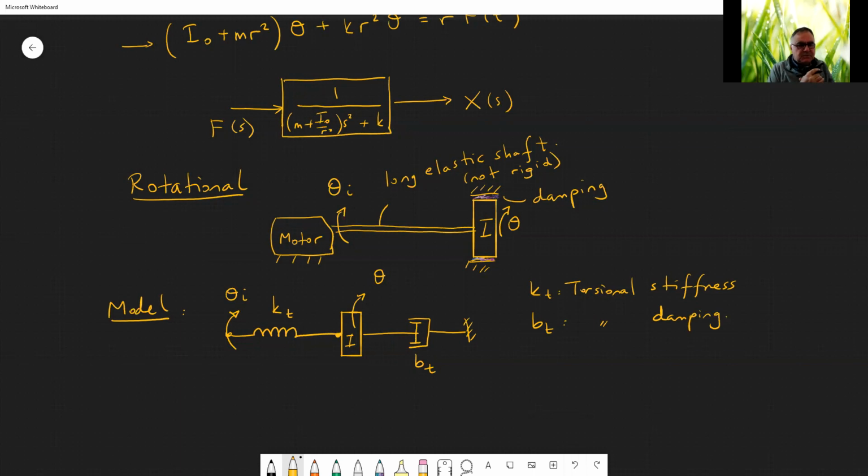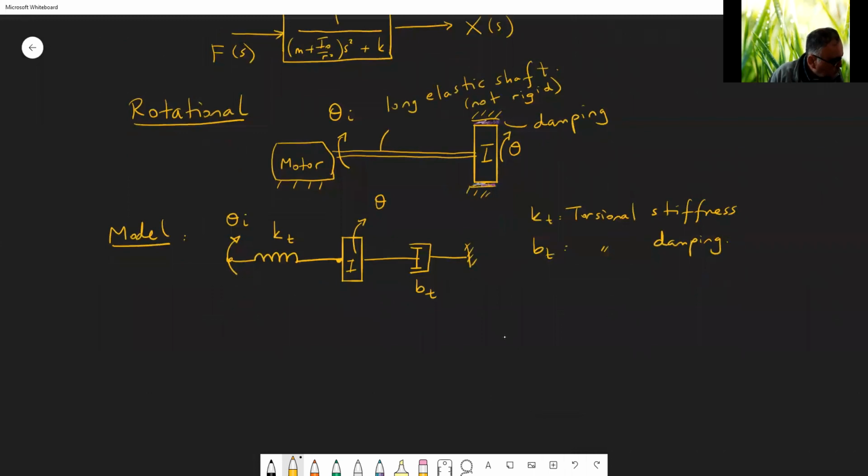It is a simple system, obviously, but usually it makes people get confused. That's why I try to give this example. What do we do for this system?